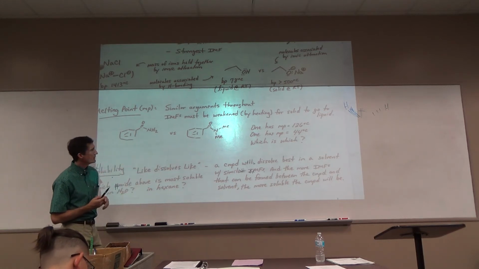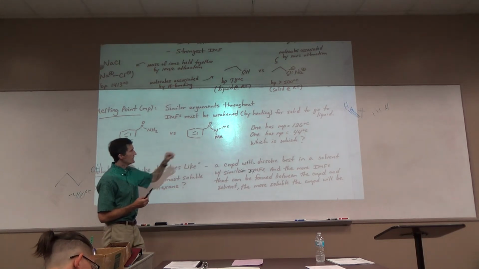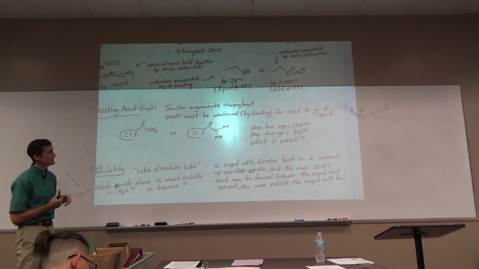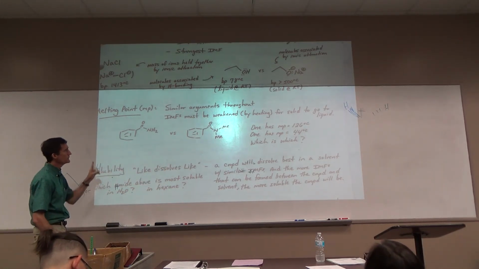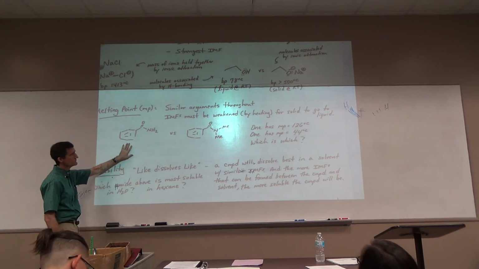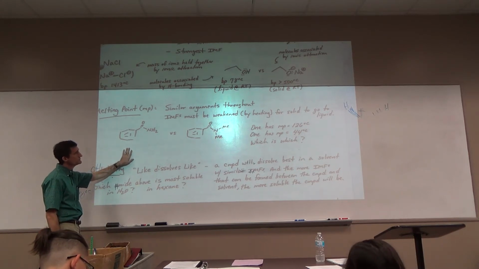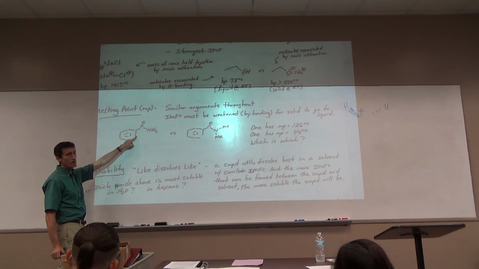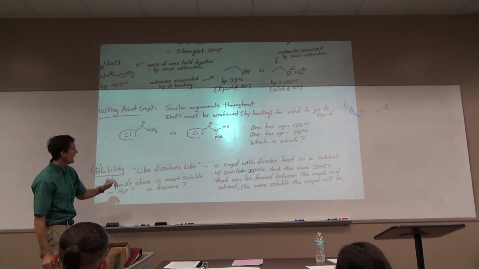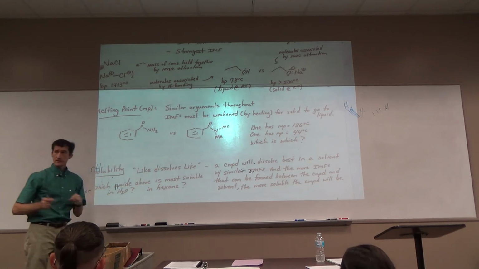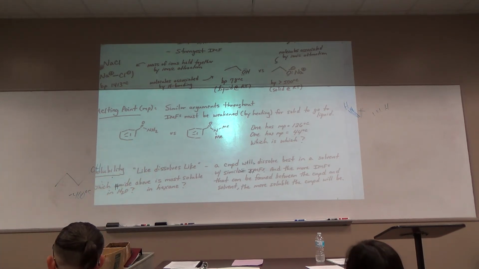Let's see if we can apply what we saw in the previous pages. One of these has a melting point of 126, one has a melting point of 44. Which is which? Which is a higher melter? It's this one. Why? Hydrogen bonding, because you can imagine the H on the end interacting with what?